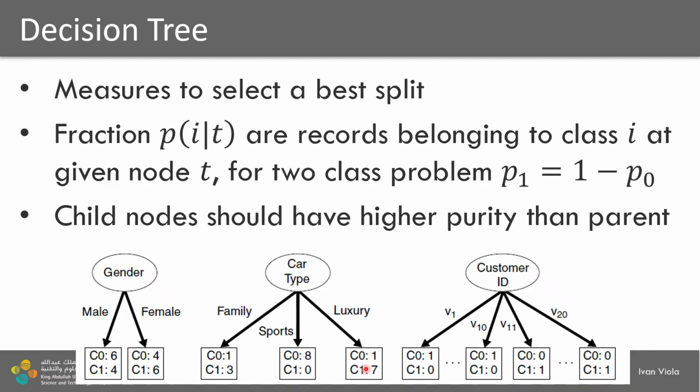If we look at the customer ID, which has many different values, then we have a multi-way split, and we can create a classification into only pure classes, but there will be many. From V1 to V20, there will be 20 children.